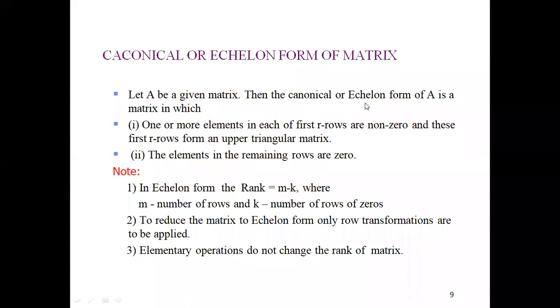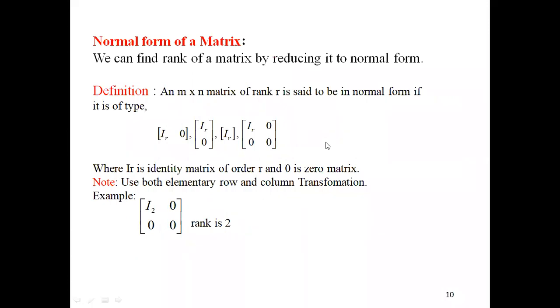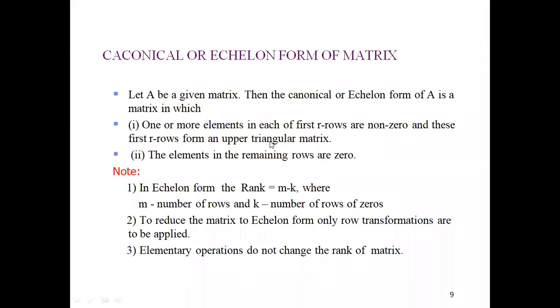Then the canonical or echelon form of A is a matrix in which one or more elements in each of the first R rows are non-zero, and these first R rows form an upper triangular matrix. This is nothing but the definition of echelon form. Okay, and the elements in the remaining rows are 0.